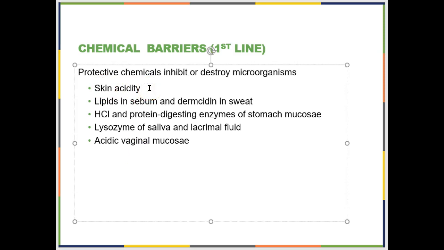So you have what is called the acid mantle. The sebum and some of the other secretions that end up on the surface of your skin are somewhat acidic. This inhibits or discourages bacterial growth so that there's not as much bacteria living on your skin and fewer opportunistic organisms that would infect like a little cut or something.